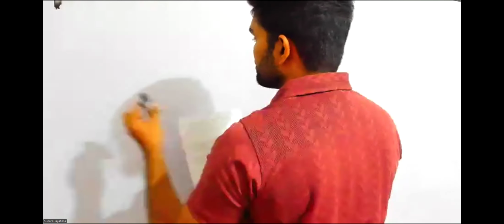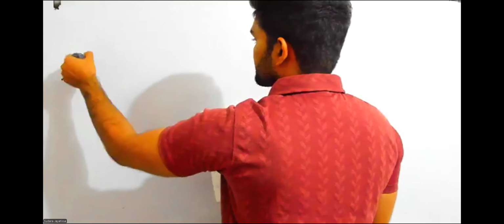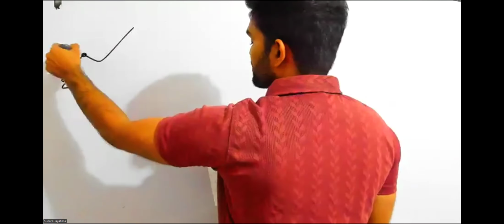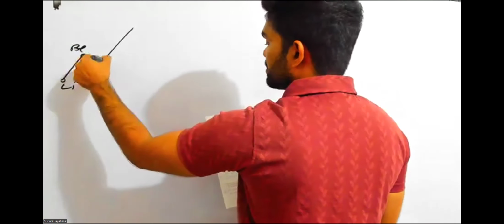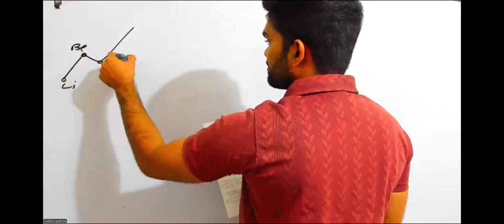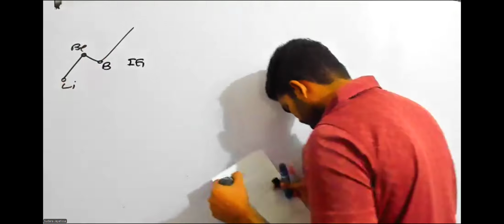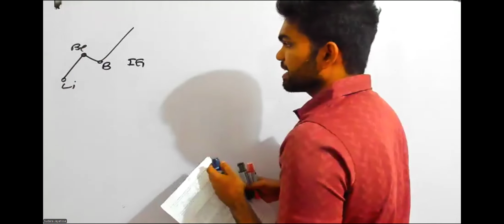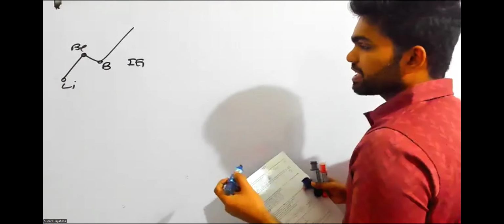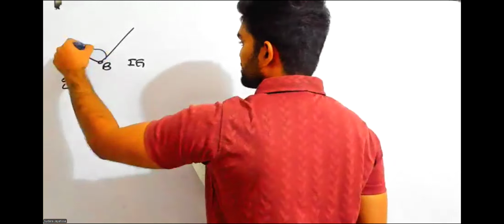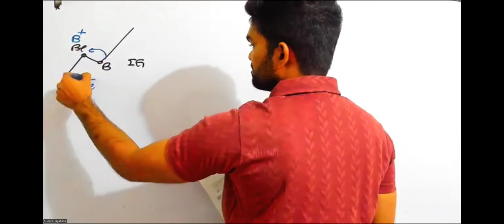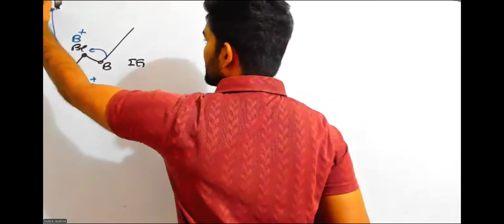Beryllium, boron, and lithium. This is the order: you have lithium, beryllium and boron. This is for the IE1. When it comes to IE2, you have to come one backward, because it assumed the previous element's configuration. So it is boron plus, beryllium plus, and lithium plus will be somewhere here.